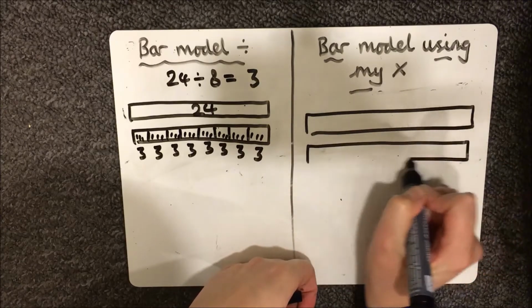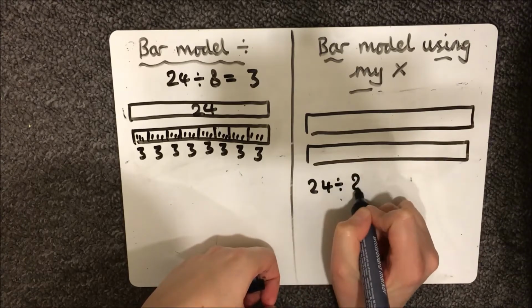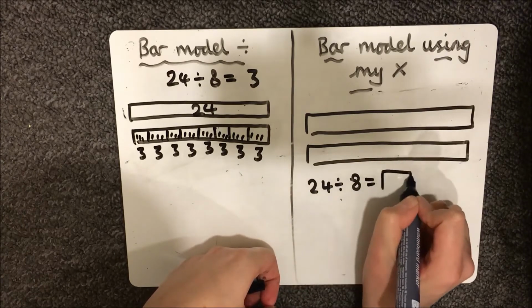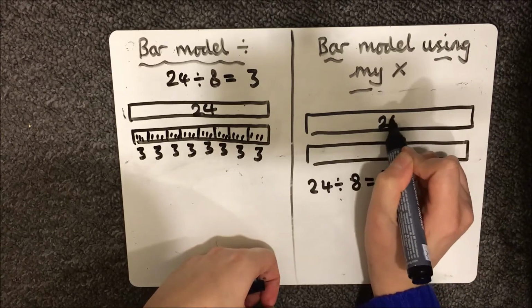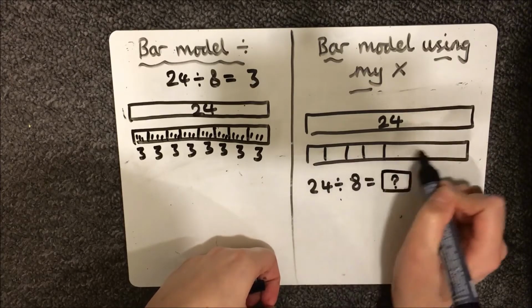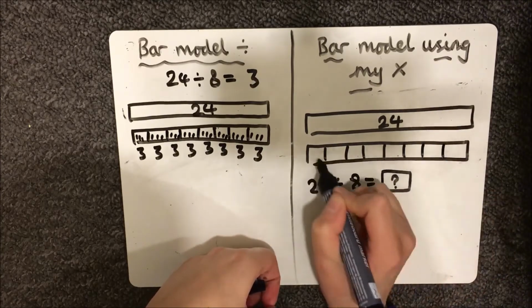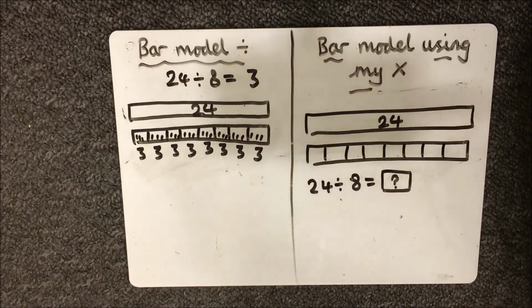Now, in my number sentence, I know 24 divided by 8. I'm going to pretend I don't know at the moment. So I know my whole is 24, and I know I've got 8 parts, because I'm dividing by 8. Let's check. 1, 2, 3, 4, 5, 6, 7, 8. Okay.